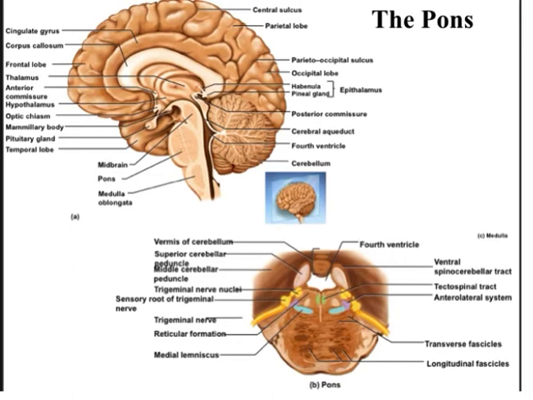The cranial nerves that are associated with the pons are 5, 6, 7, and 8. With 5 being the trigeminal nerve, 6 being the abducens, 7 being the facial, 8 being the vestibulocochlear.